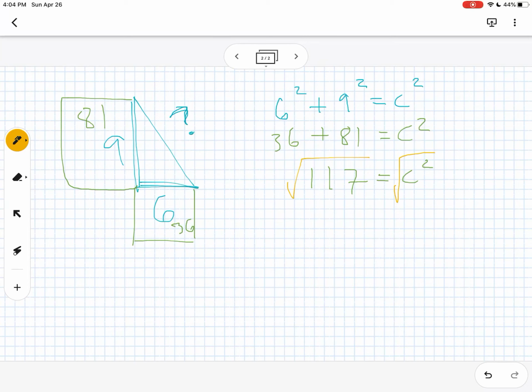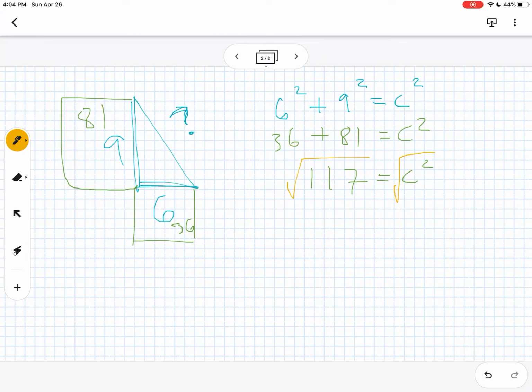This is impossible to do in your head. You could approximate about what it is, but at this point you're going to get a calculator. What I recommend is going to Desmos.com, which has a calculator built in to their website. If you go to Desmos.com and click on Start Graphing, there's a calculator built in there. Oh, sorry, that's actually bad advice. Don't go to Start Graphing.